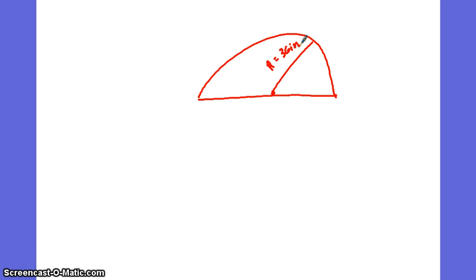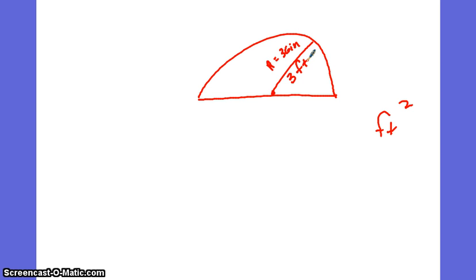This is a little bit of a tougher one. Okay, so if we want to find the area of this whole thing, and I said I wanted square feet, so first let's change 36 inches into feet. 36 inches divided by 12 is 3, so that's 3 feet of a radius.